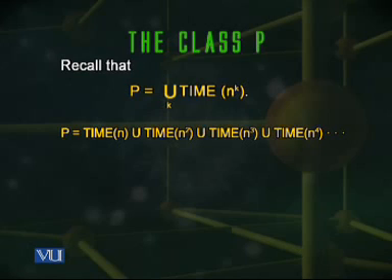Thus, P is the set of all problems that we can either solve in linear time, or in quadratic time, or in cubic time, or in time order n to the 4, and so on. Thus, if we can solve a problem in time order n to the k for some fixed k, we say that this problem is in the class P.